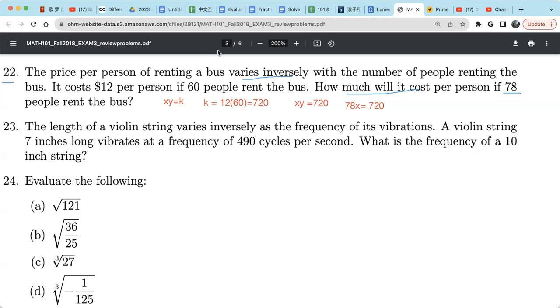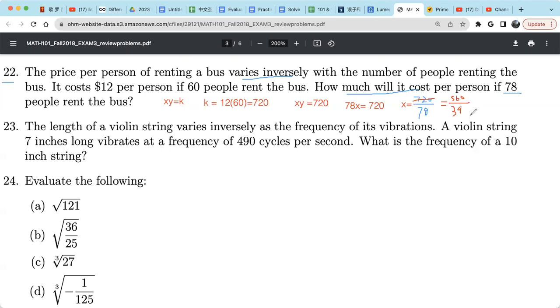So x equals 720 divided by 78. Let's simplify by 2, right? So 720 divided by 2, that's 360. 78 divided by 2, 39.